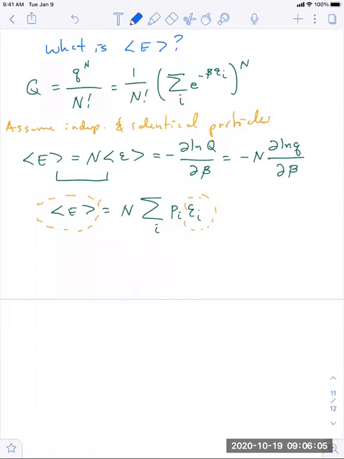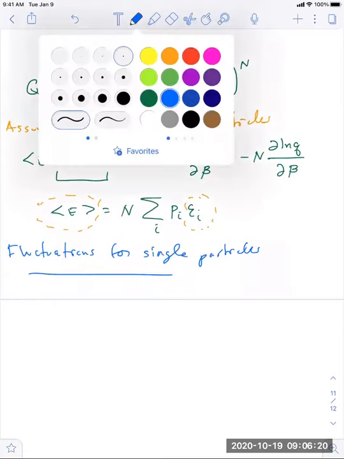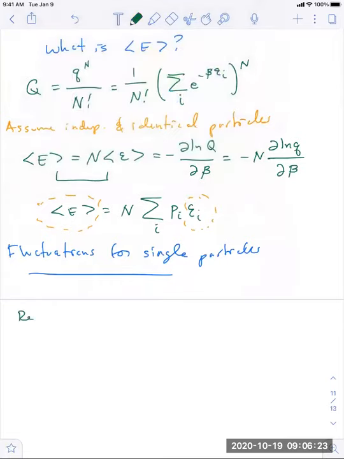All right, now let's think about fluctuations one more time. But now we're thinking about these single particle energies. So let's think about fluctuations just for these single particles. If we recall, in terms of the total energy of a system, the relative size of the fluctuations was on the order of 1 over the square root of n for a system of n particles.